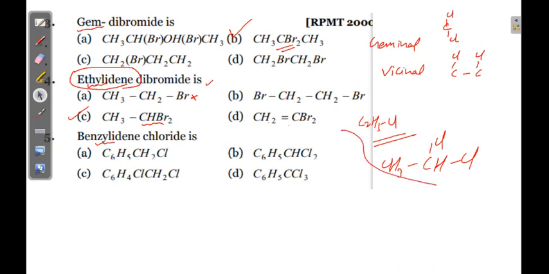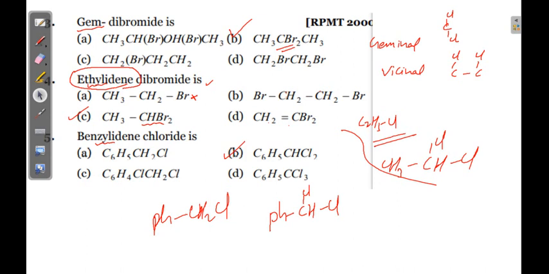Now benzyl chloride is actually this. So benzylidene means one chlorine extra. So PhCHCl2. Ph means benzene, C6H5, CHCl2. So B is the answer, fifth one.